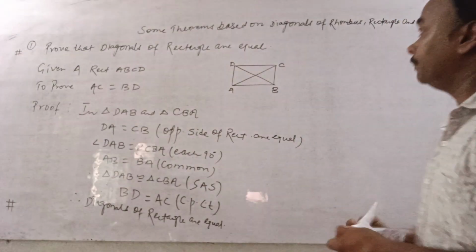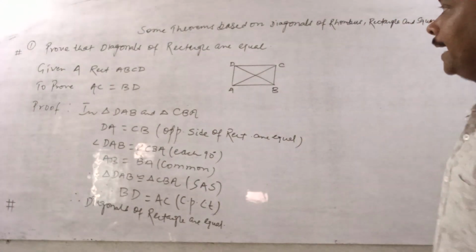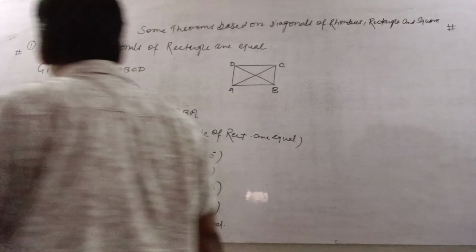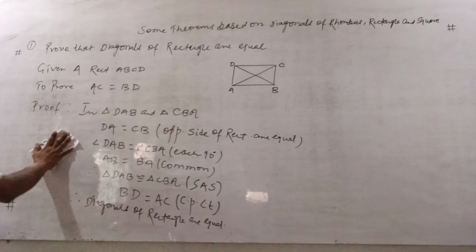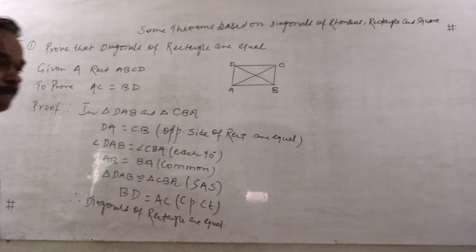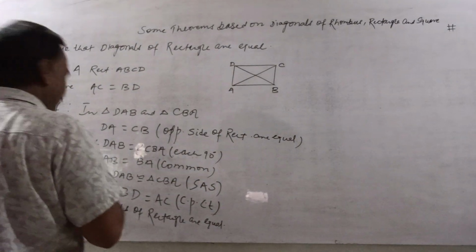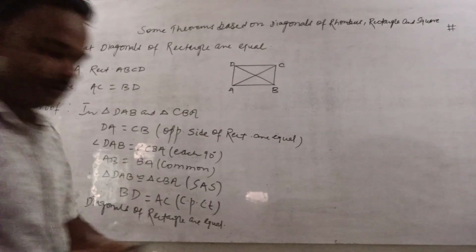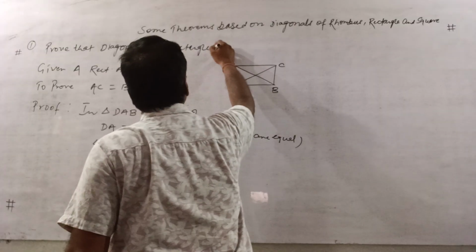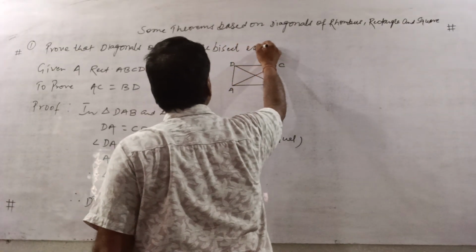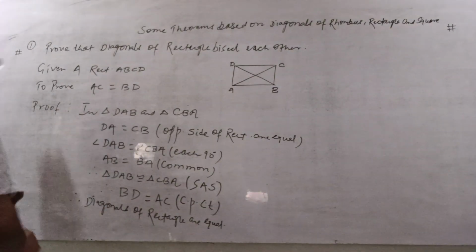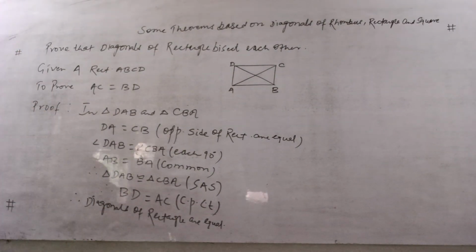Now see one more theorem of rectangle: diagonals of a rectangle bisect each other. Now third theorem is prove that diagonals of a rectangle bisect each other.